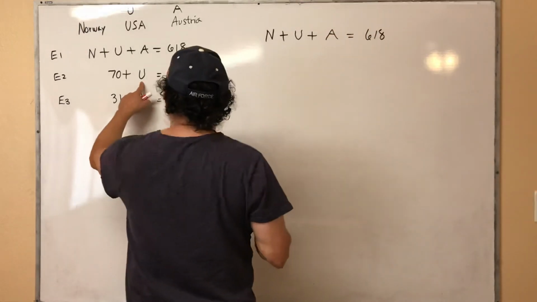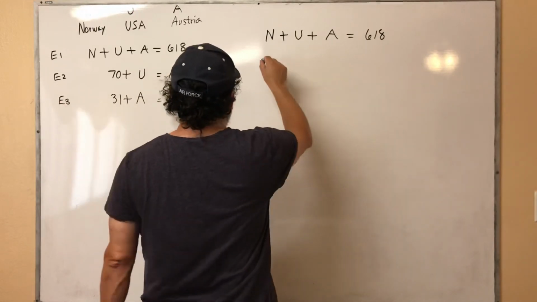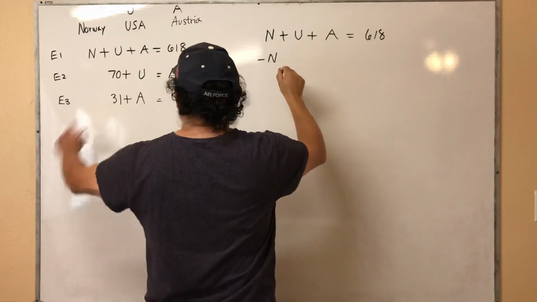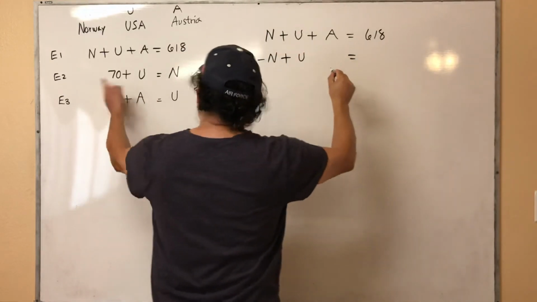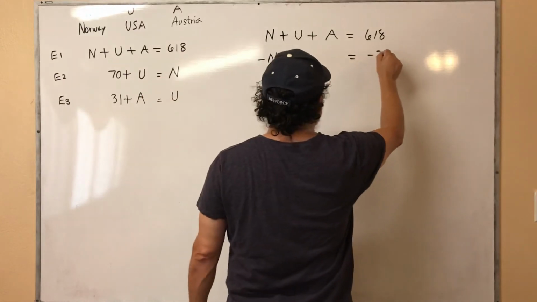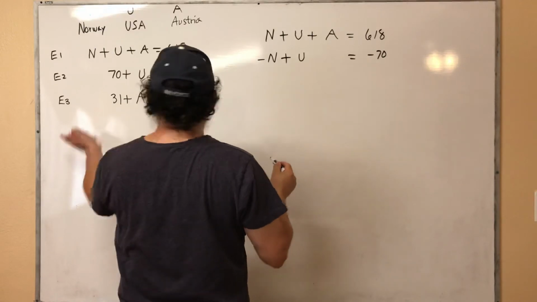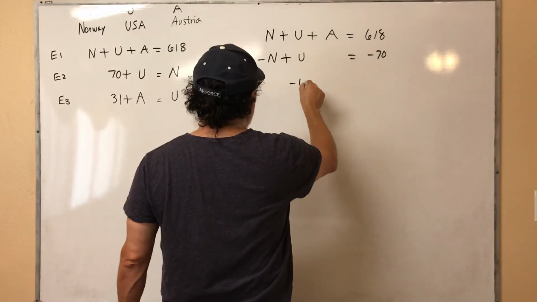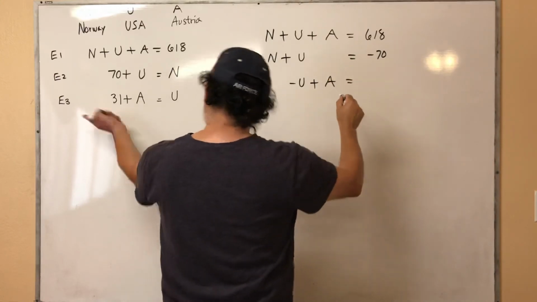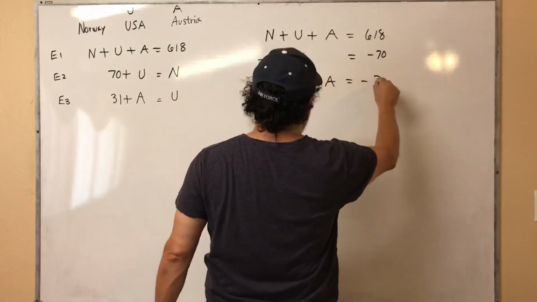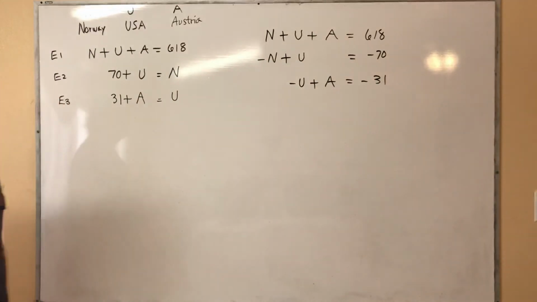For the second, I'll bring N to this side, making it negative N plus U equals negative 70. And the third is negative U plus A equals negative 31. So there are your three equations and three unknowns.